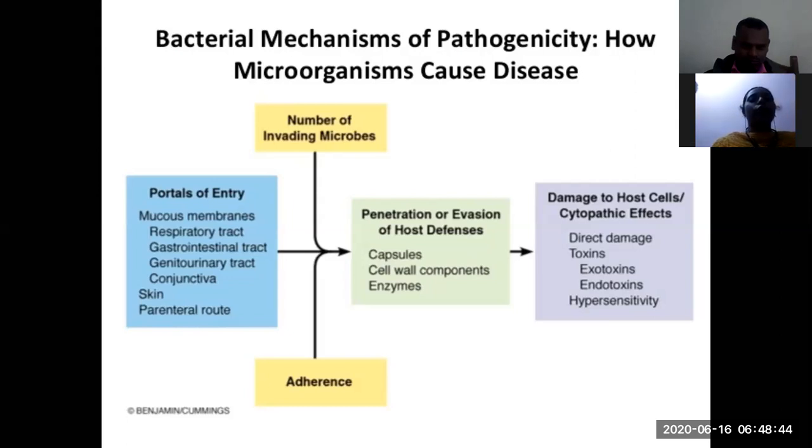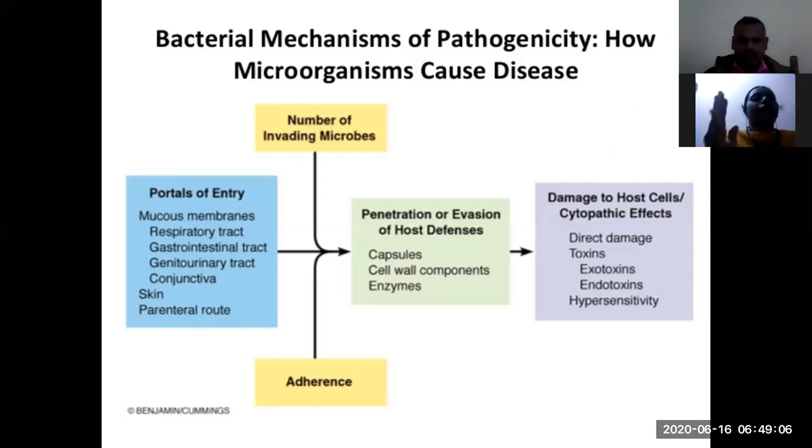Then the genito-urinary tract. Then conjunctiva, skin, and other parenteral routes like mouth, maybe hand, other routes. So through this manner, the bacteria enter into the host.